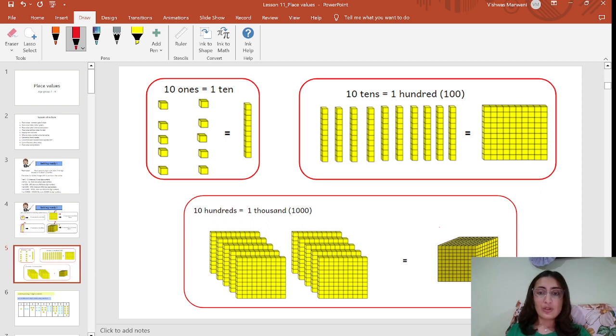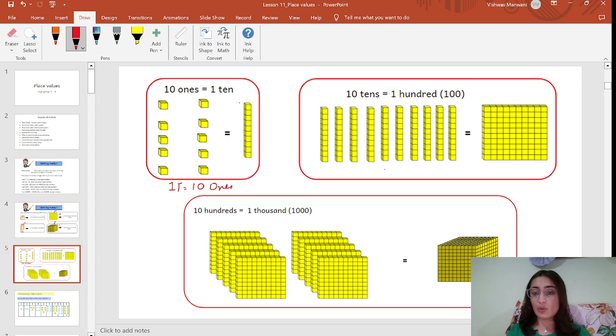Let's continue. Here we can see that 10 single blocks, or 10 ones, have combined to give us 1 ten. So just looking at this, we can conclude that 1 ten is equal to 10 ones. Similarly, 10 such lines combine to give us 100.